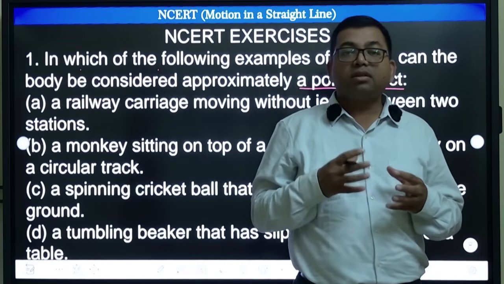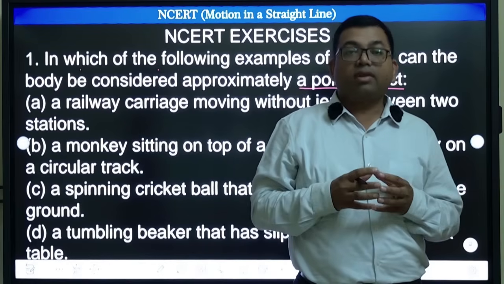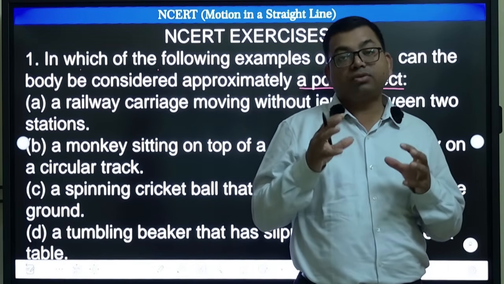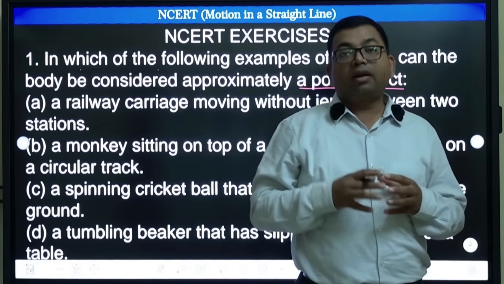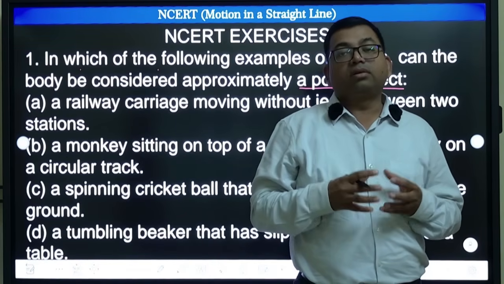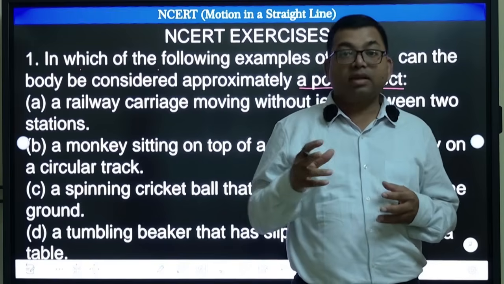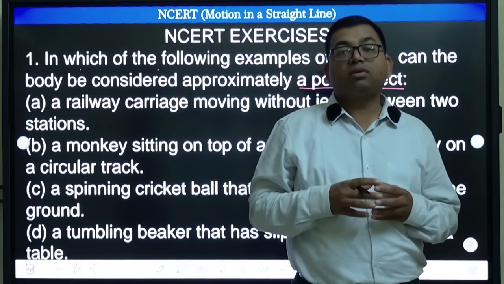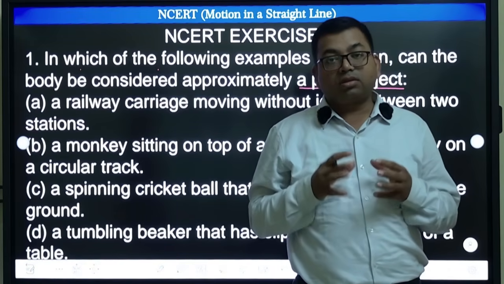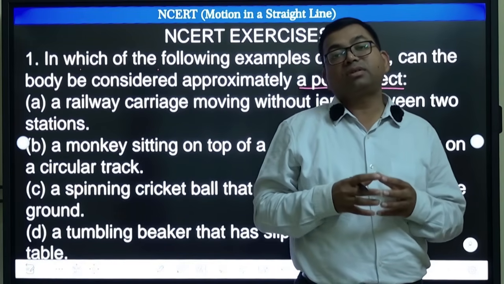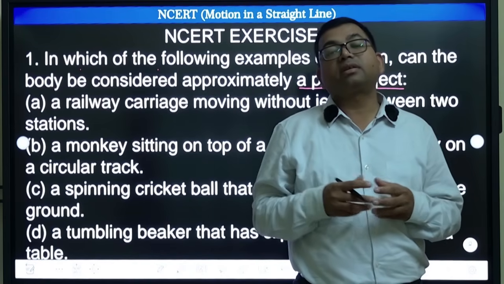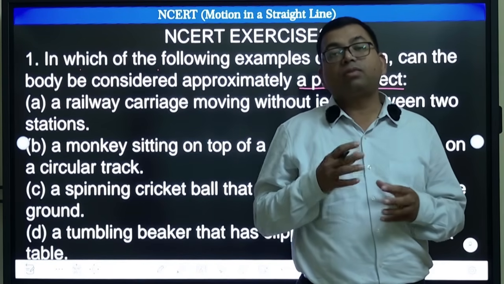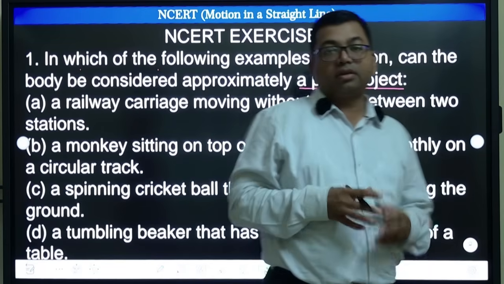You are not studying the rotational effect of the body, because the whole body has to be treated as a point, and a point has only linear motion, although it may move in a curve. That curve may be a circular path, but the motion of the body has to be considered as linear. It cannot be taken as rotational, because for a point rotational effect is not there, right?